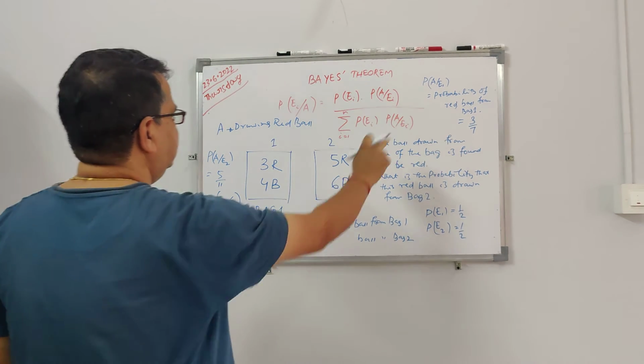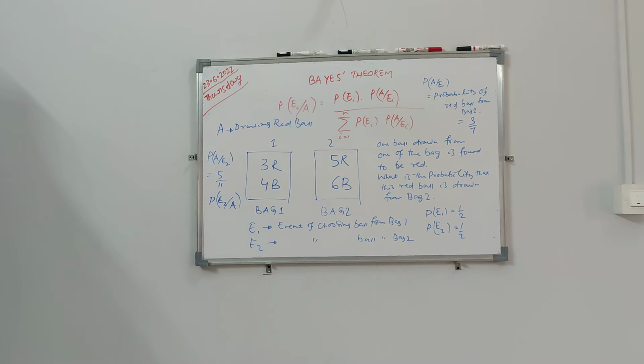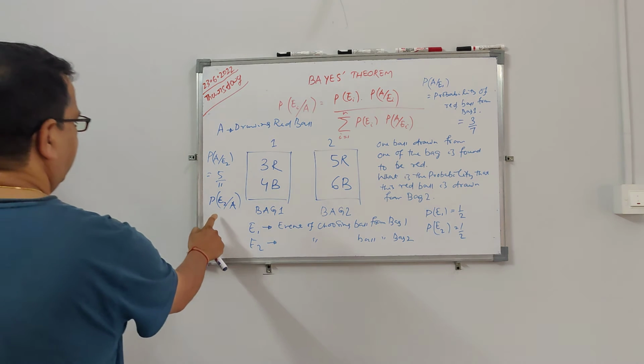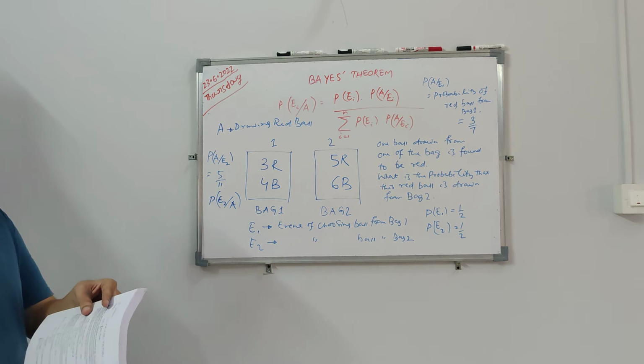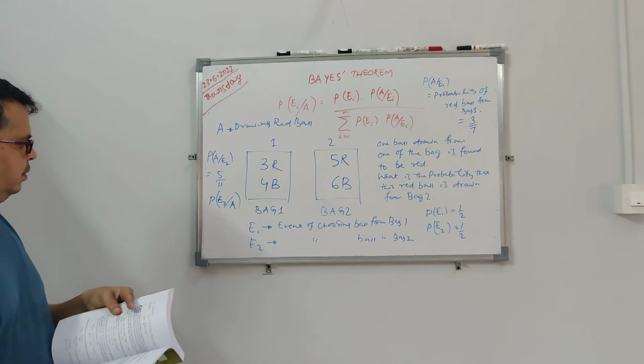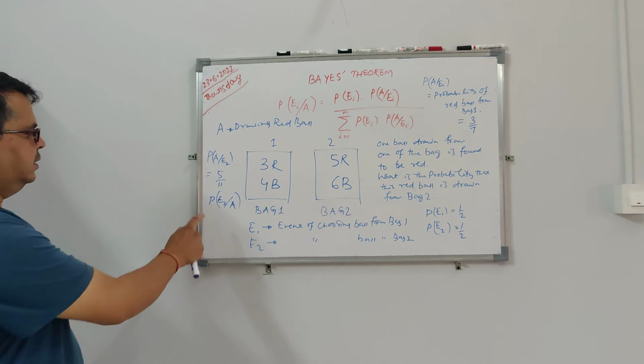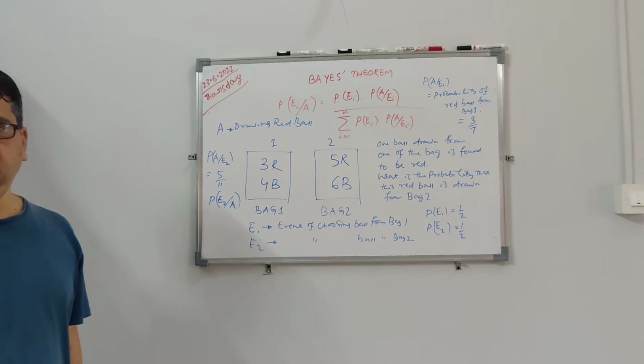You can see that it is getting reversed. Find the probability that it was drawn from bag 2: first it is bag 2, and then given that it is red.